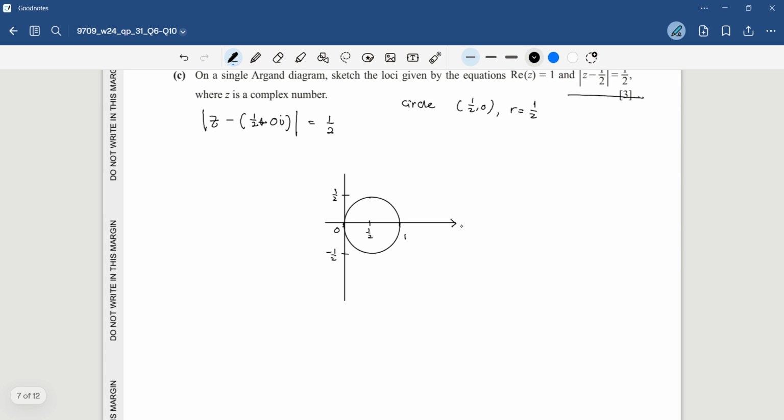This will be the real part and this will be the imaginary part. And then real part equal to 1, which means I can say x equals 1. So for x equals 1, we're going to draw something like this.